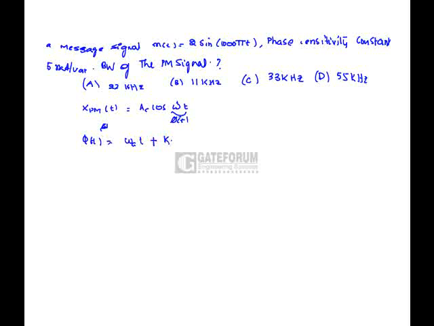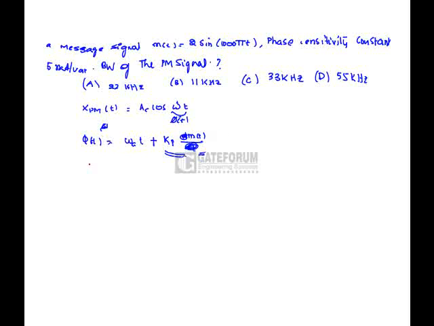plus kp·m(t). This is because m(t) is in volts, so kp must be in radians per volt in order to add to this constant in radians.